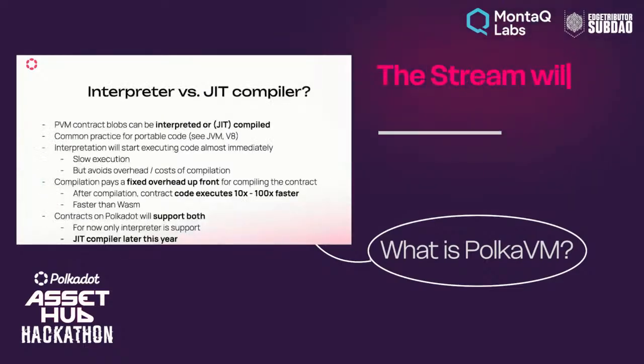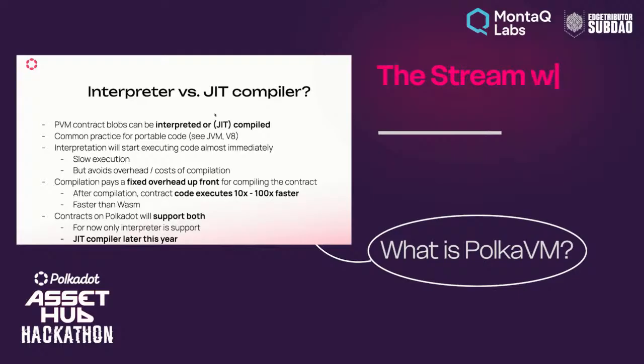So as it is a standard, if you have portable code, for example the JVM, or also Node, the V8 engine does this, you can either interpret or JIT compile the PVM blob. Interpreting it means you can start execution instantly, like the EVM does. Interpretation is obviously also much slower, but it might not matter because, as I said before, if your contract does not do a lot of work, interpreting it will always be faster than compilation.